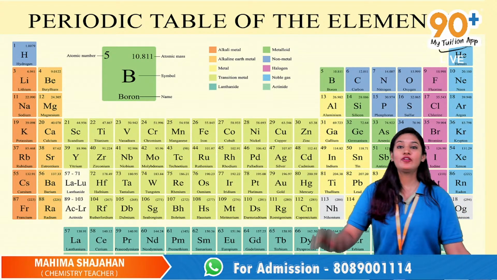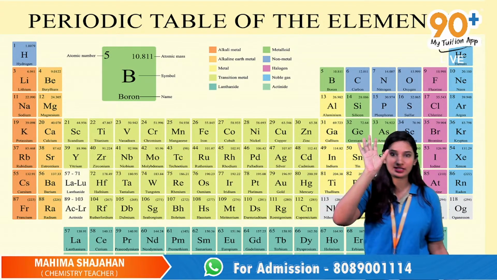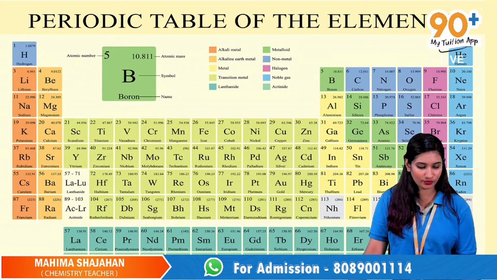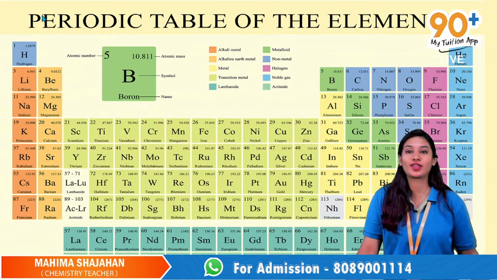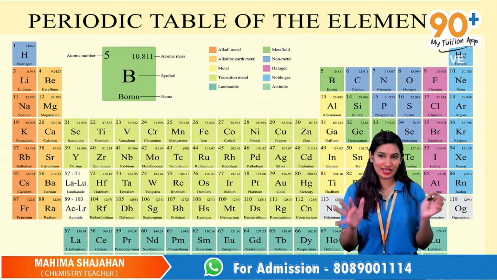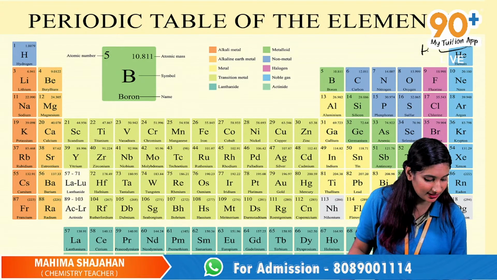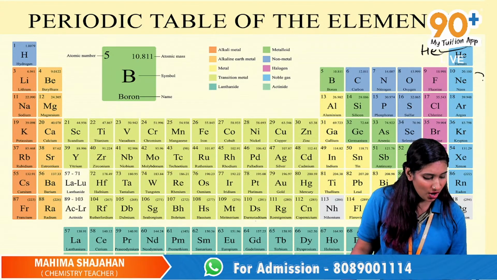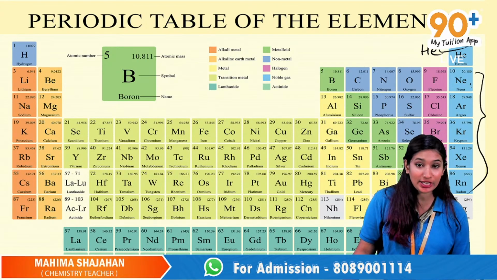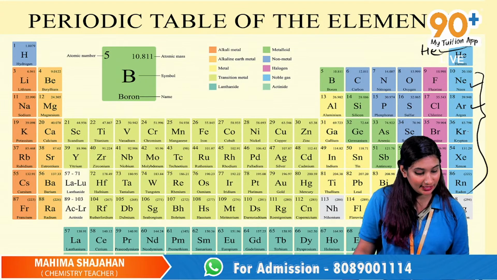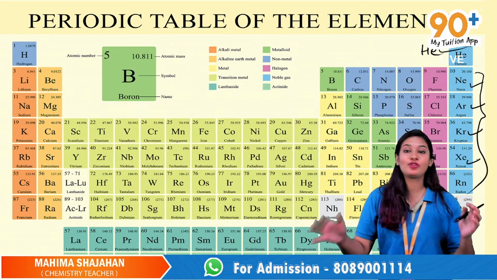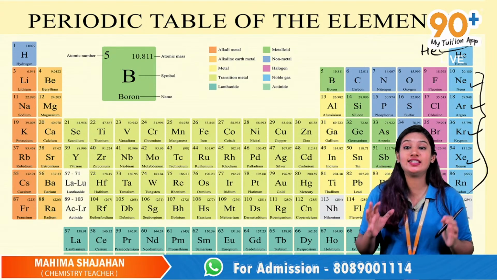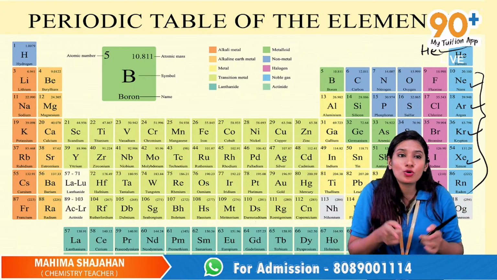Okay, the first element here is, you cannot see because of that logo. So it is helium. Okay, this is nothing but He, that is helium. Except helium, all other elements, that is neon, argon, krypton, xenon, radon, they all have got 8 electrons in their outermost shell.